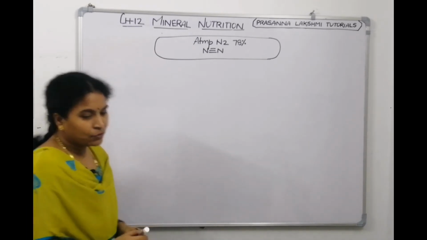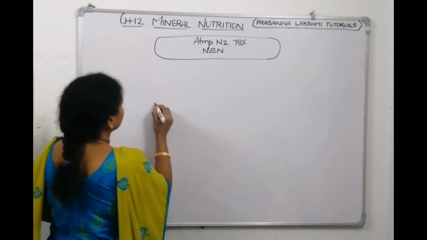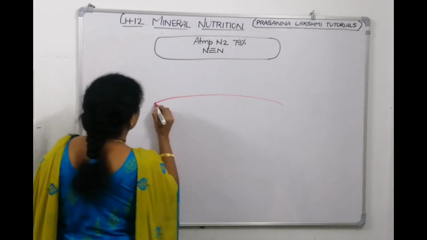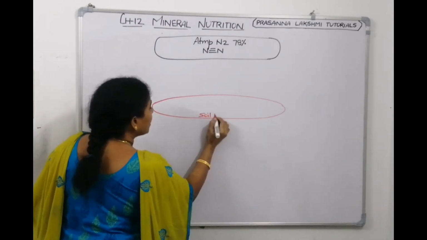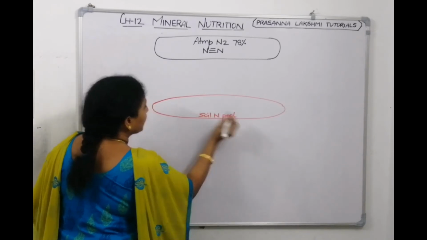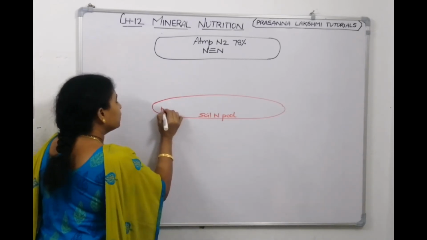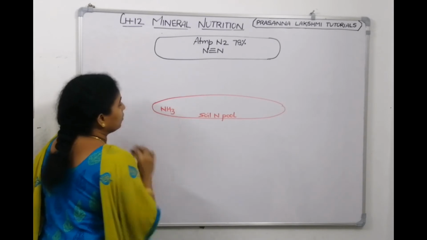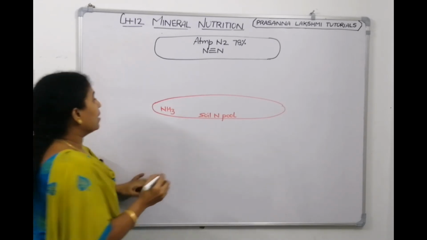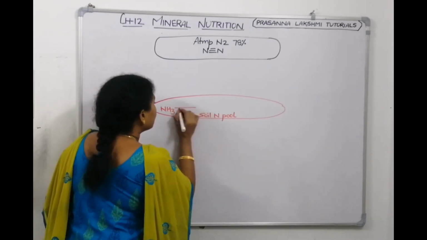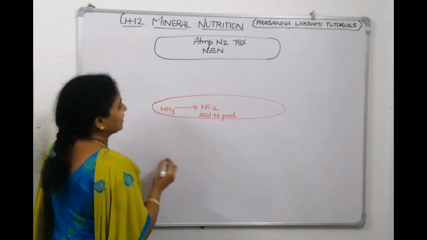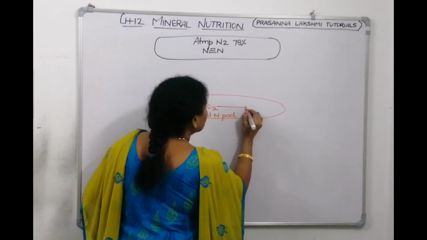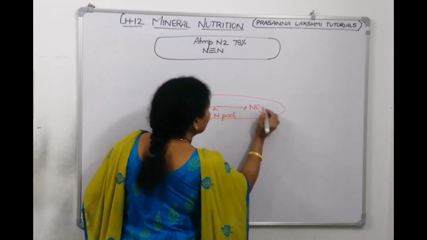Now, when we look at the soil nitrogen pool, there are 3 forms. The first form is ammonia. Then the ammonia gets converted to nitrite, and the nitrite gets converted to nitrate.